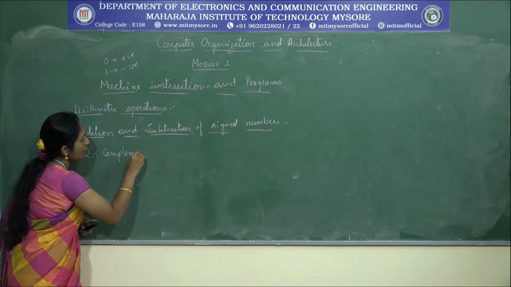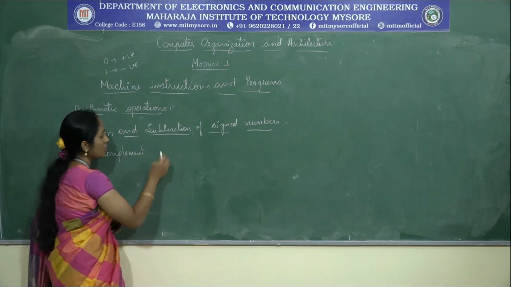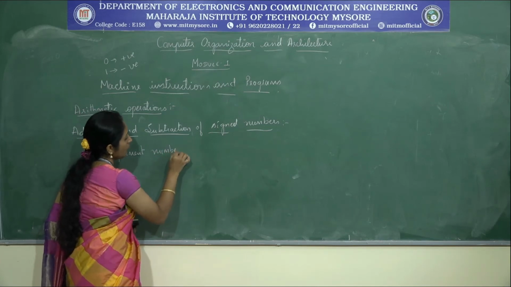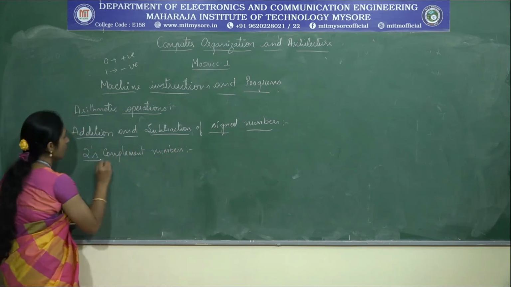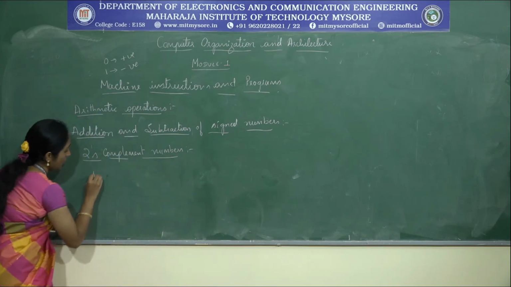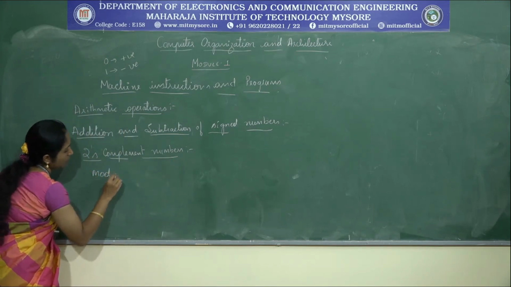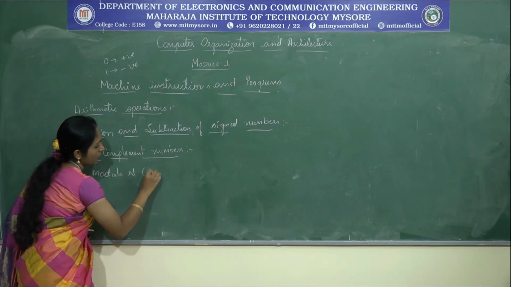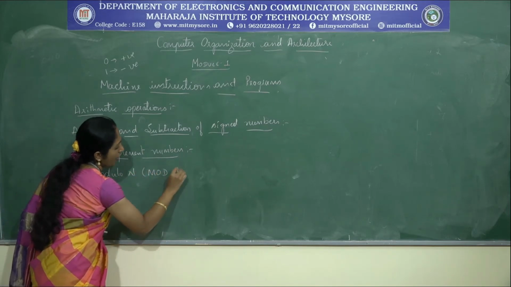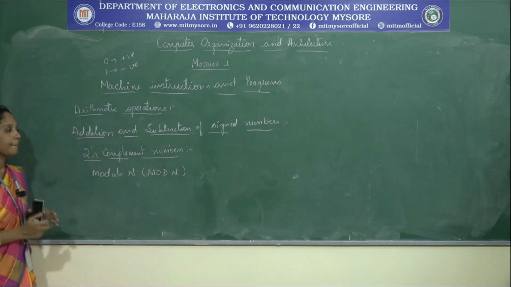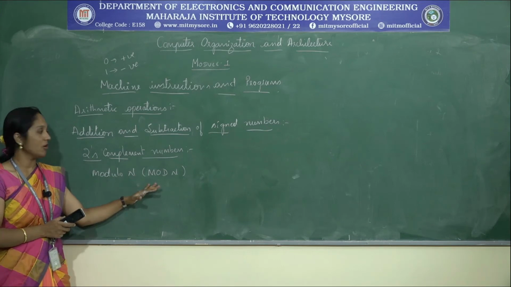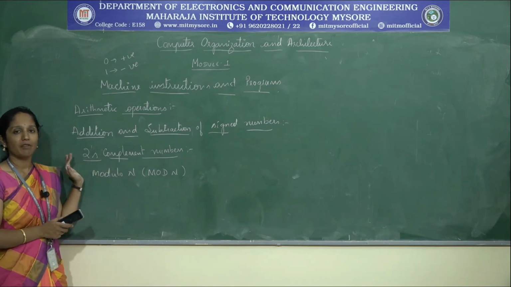In order to understand the addition and subtraction of 2's complement numbers, we consider modulo n addition or subtraction, which is represented as mod n. So in order to understand mod n addition or subtraction, we have a graphical device.